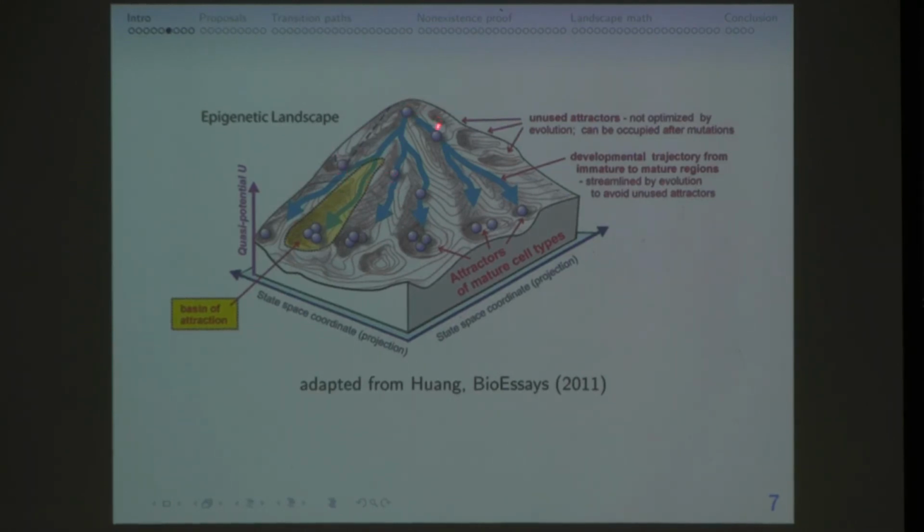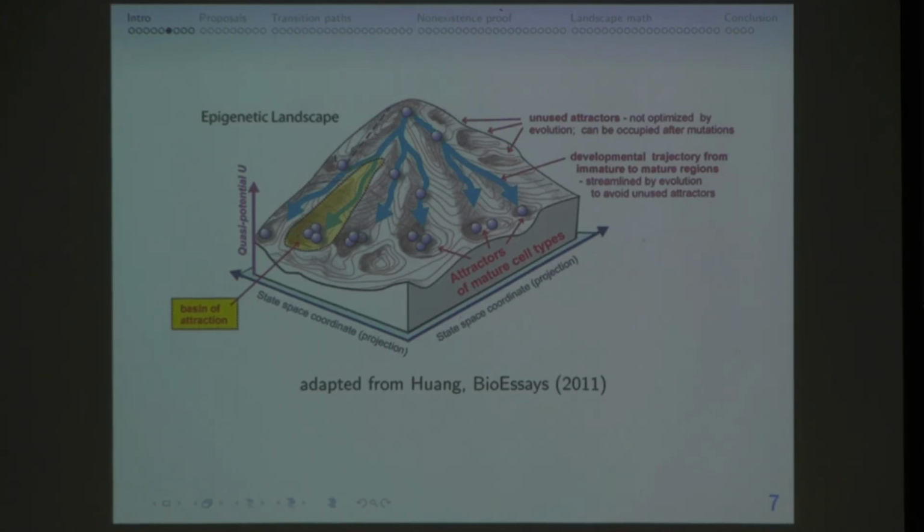Maybe here, maybe there, maybe there. And each of the little pits into which it can fall represent a different cell state. And it does this over and over in development until eventually you reach a valley deep at the bottom of a mountain, which might represent a mature heart cell or mature skin cell or something else.